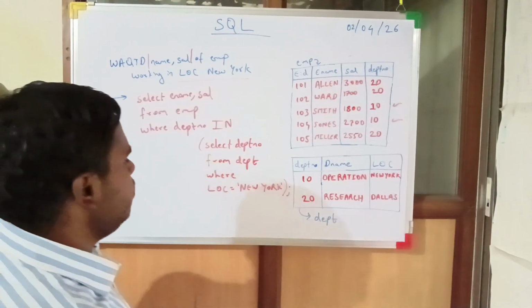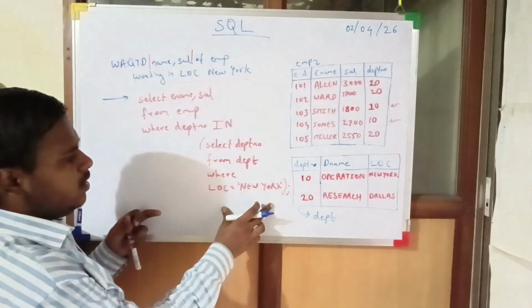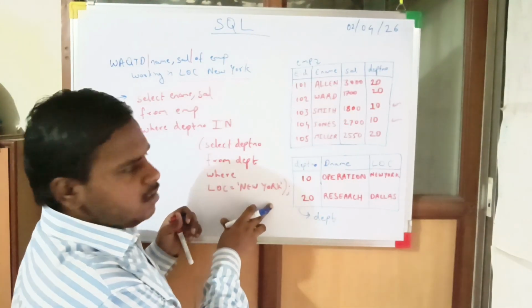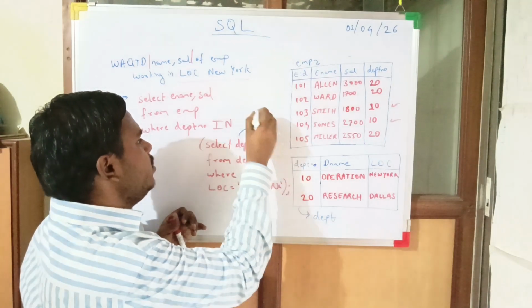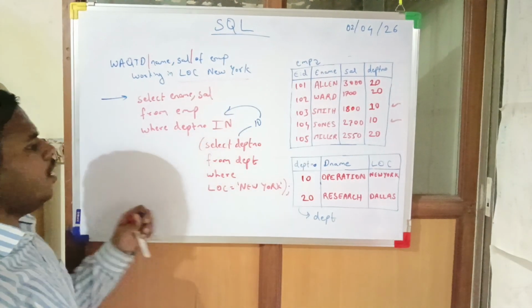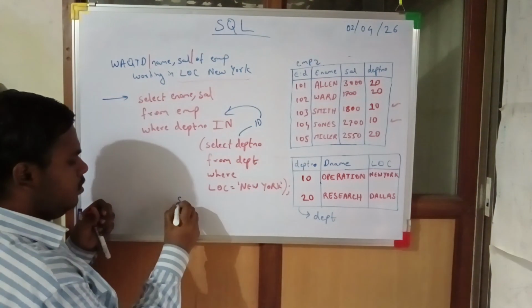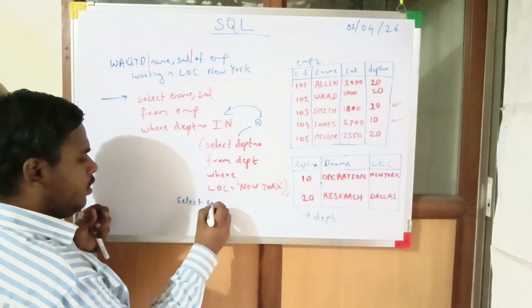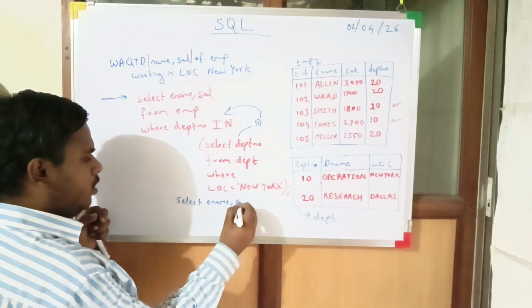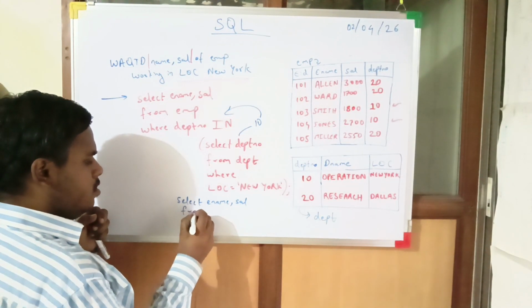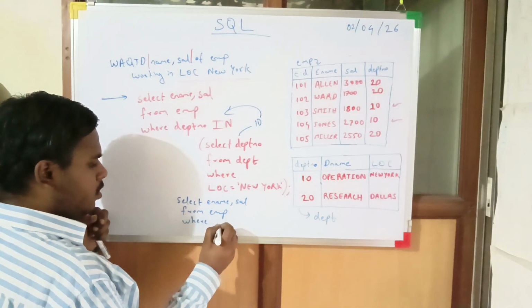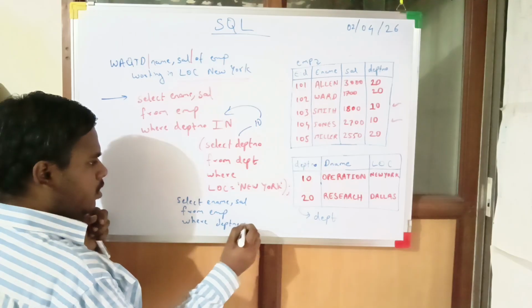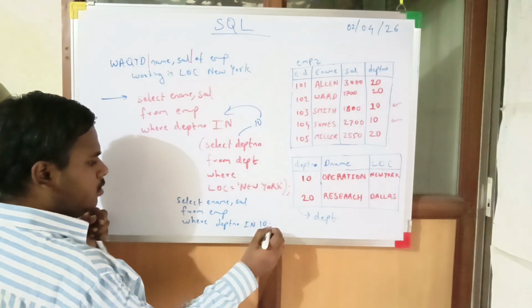So now what is happening? If we see the inner query, first of all which query executes? Inner query executes first. Location New York, department output will be 10. 10 is given as an input to the outer query. So now how it's working? Select ename comma sal from EMP where department number in 10.